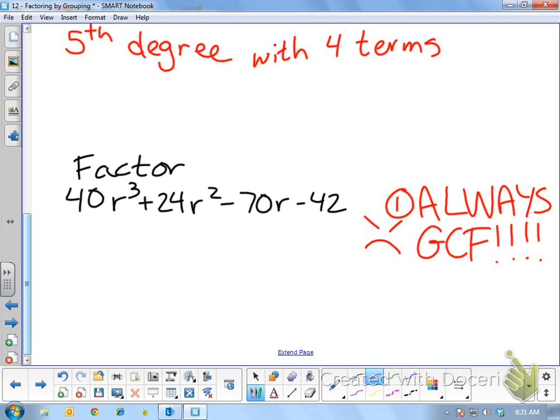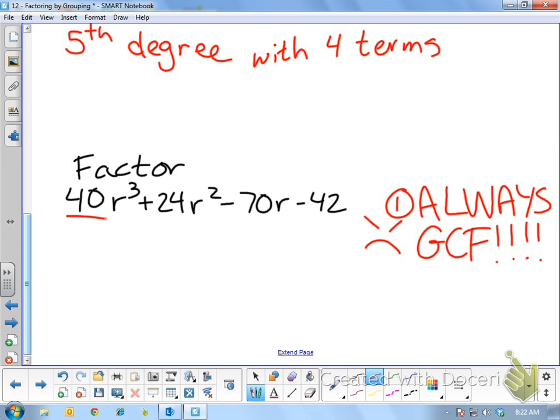What is my greatest common factor? What divides into every single term? 2 definitely works. They're all even. We could think maybe 4, and 4 would work here and here. Then when we got to 74 wouldn't work.